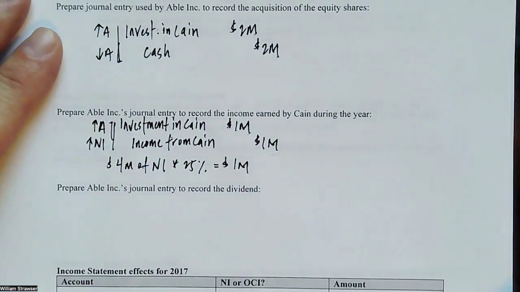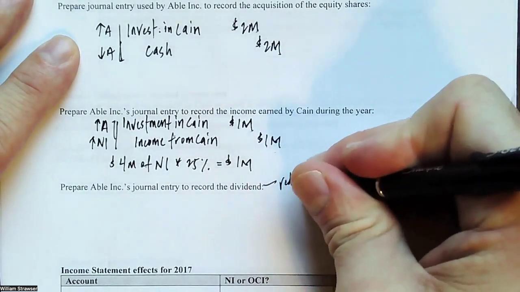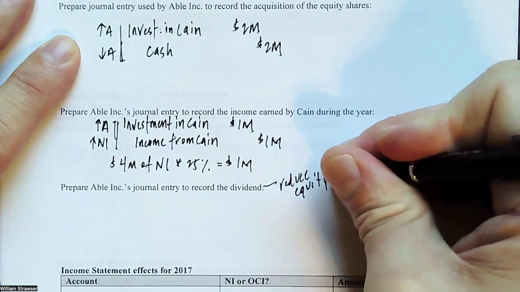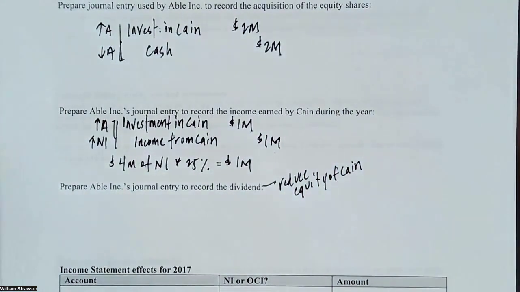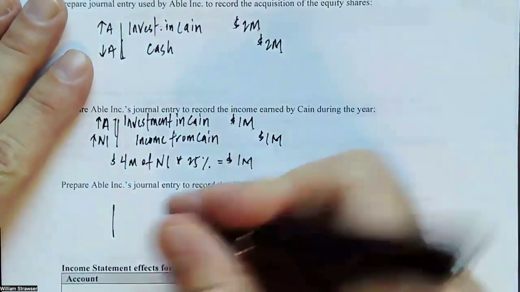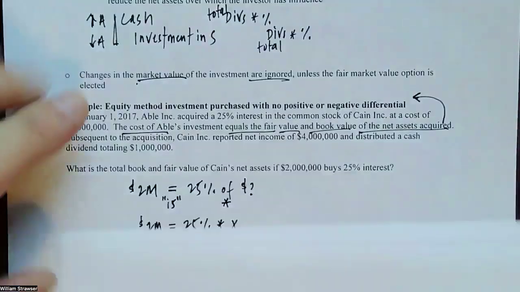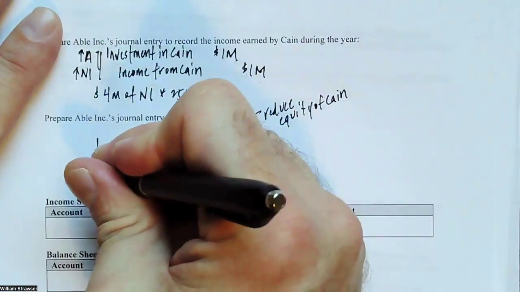And then finally, to record the dividend, remember the dividends reduce equity of Kane. And so since I'm tracking my investment in Kane as an investment in the net assets of Kane, as the equity method tells me to do, then I'm going to take the total dividends, 1 million, to all shareholders.